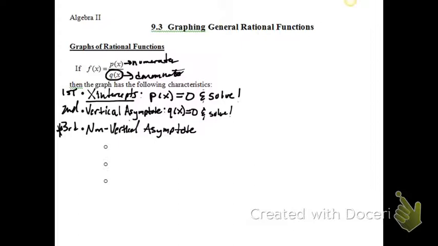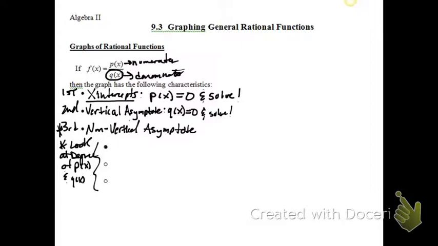To figure out what type of non-vertical asymptote you're going to have, you have to look at the degree of the polynomial. And there are 3 different cases. So to do this, you have to look at the degree of p of x, that's of course the numerator, and q of x. Based on that, we can figure out where we're at.